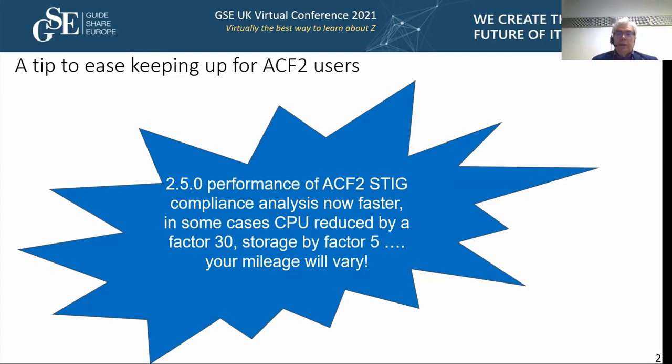Storage was reduced by a factor 5, and of course it all depends on what's exactly in your ACF2 database, but I'm certainly happy with it because my response time on the terminal is way faster.